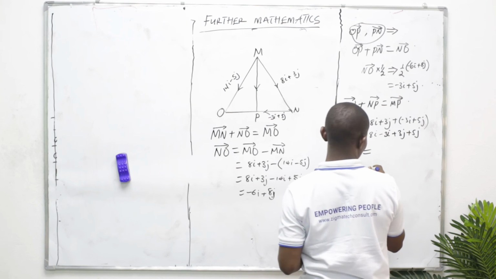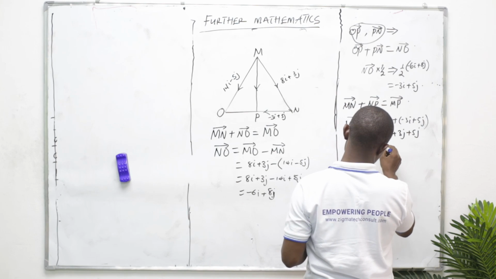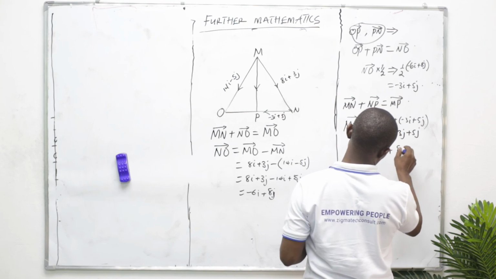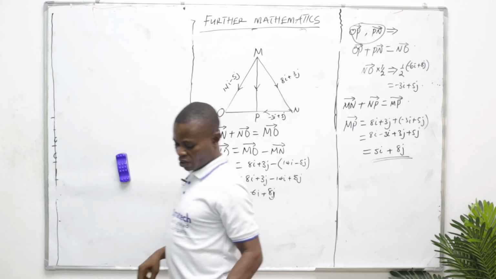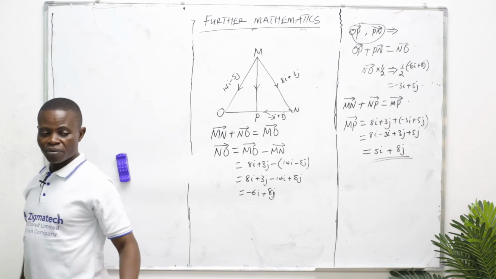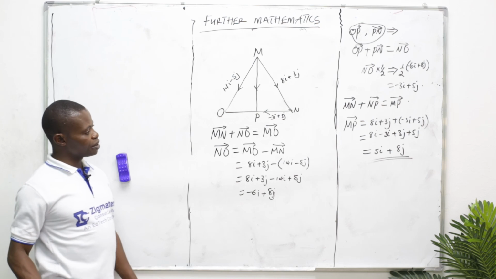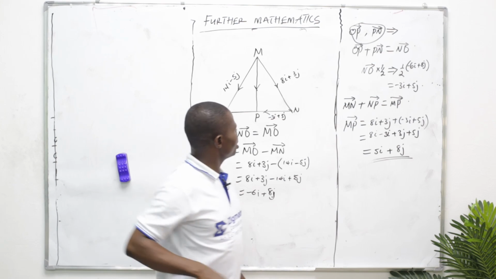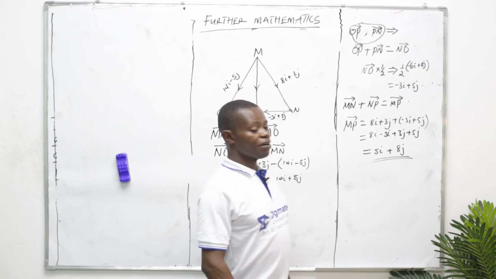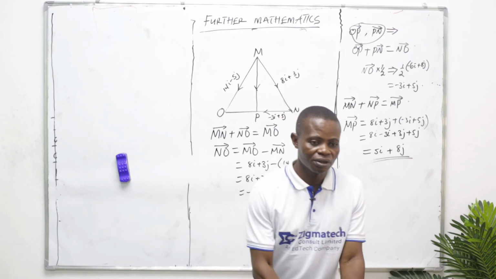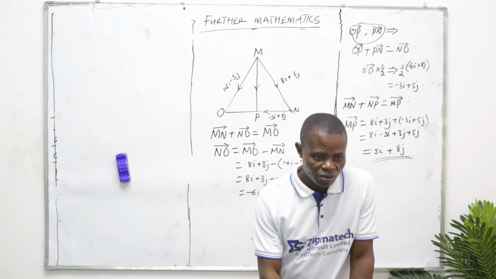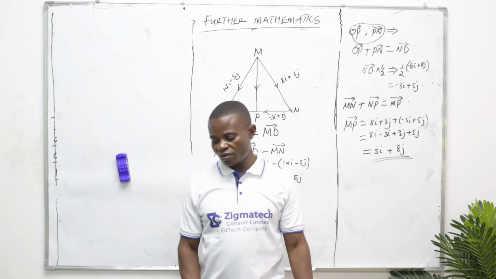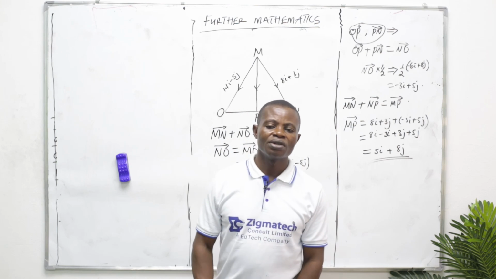This will give us 11i minus j. So this is the vector MP. MP is 11i minus j. This is the end of section A.